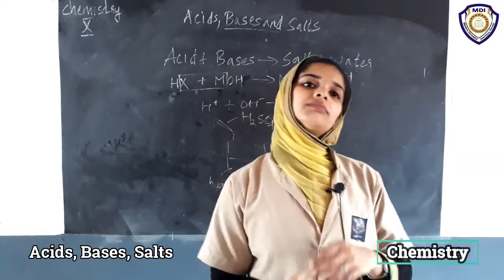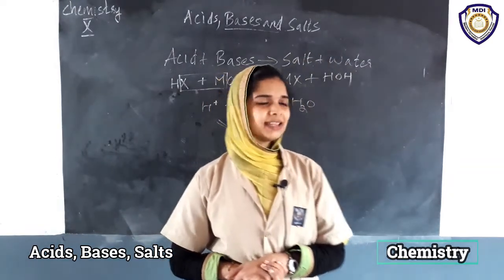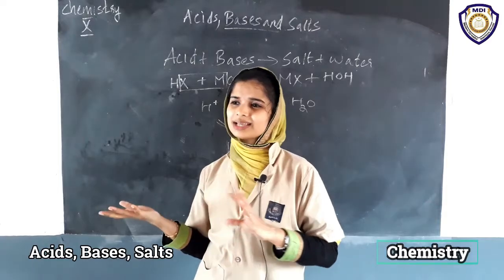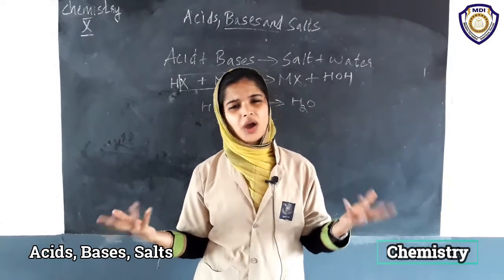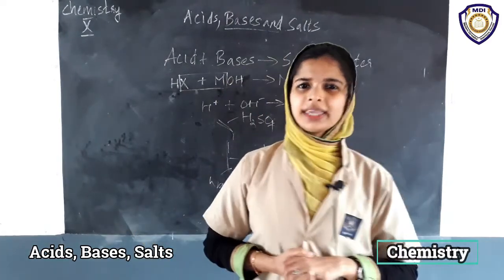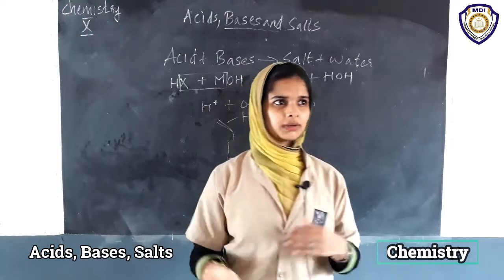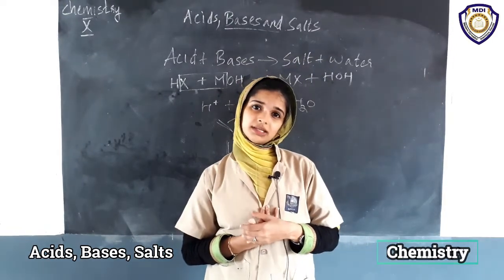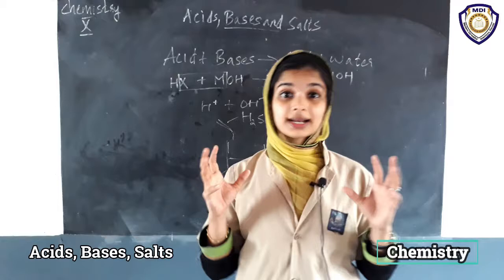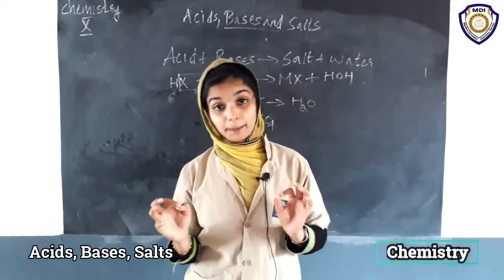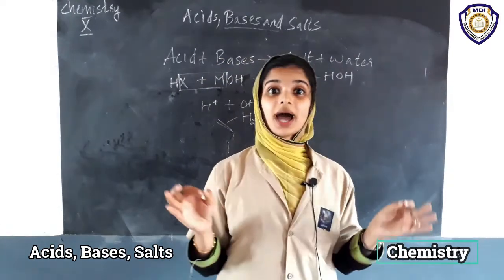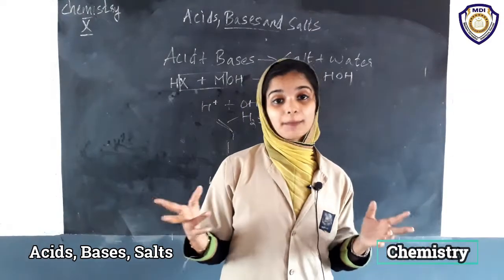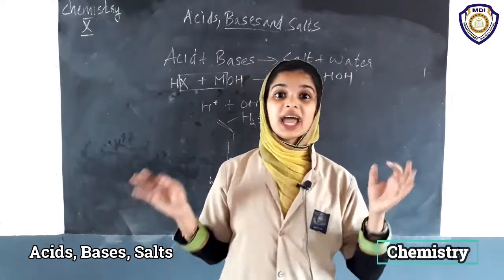So we will say that some acids are very strong and some other acids are very weak. How can we say that? Can we count the number of H plus ions in an acid? The strength of the acid depends upon these H plus ions, and the strength of the base depends upon the OH minus ions in it.